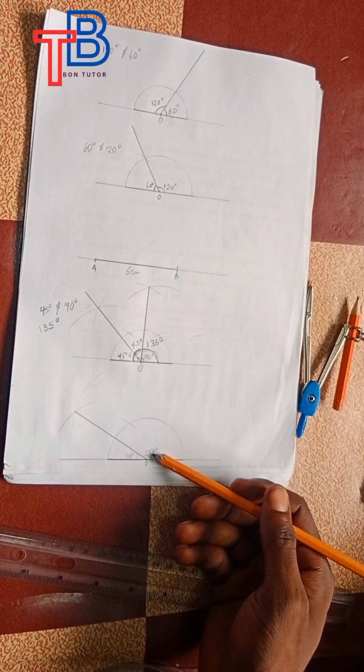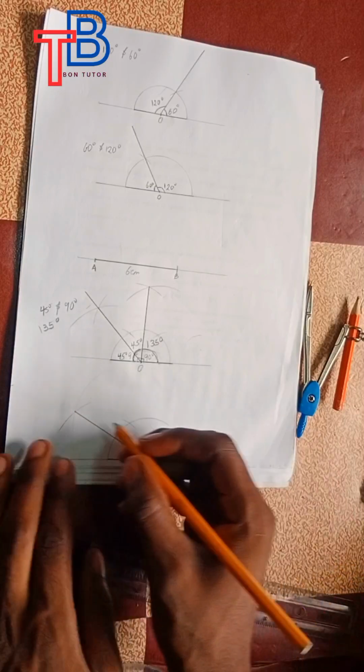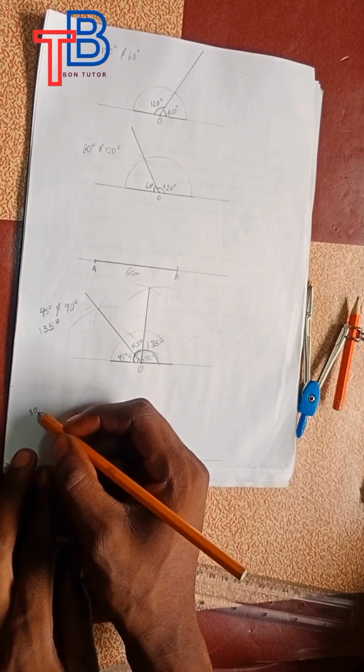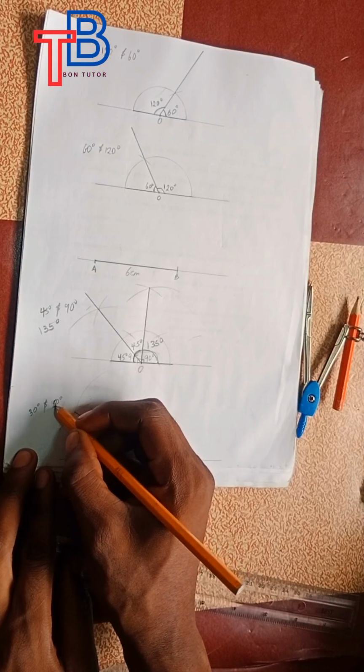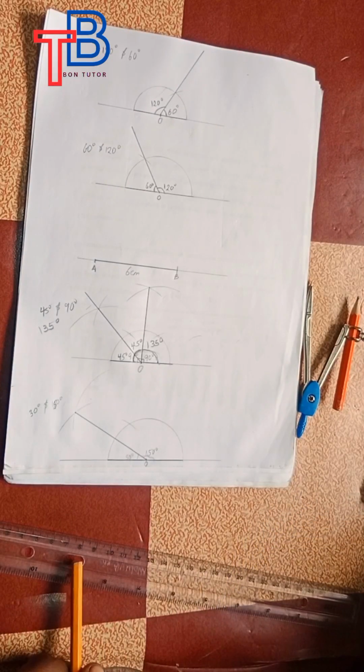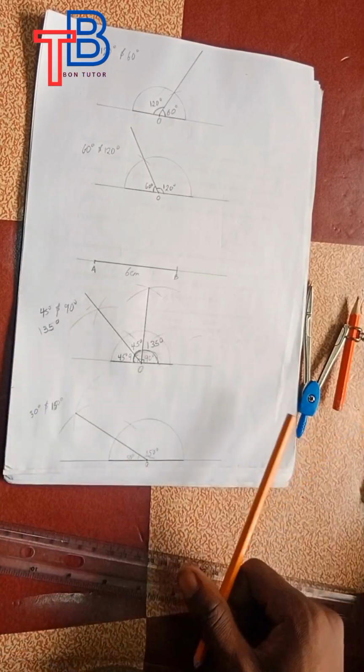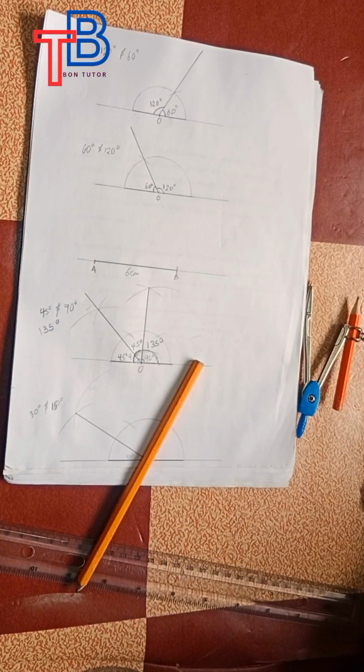So this is the construction of 30 degree and 150 degree. Let's move to construction of angle 15 degree.